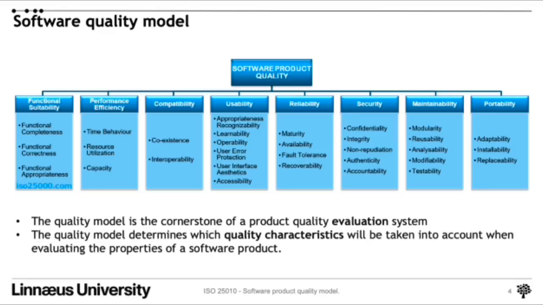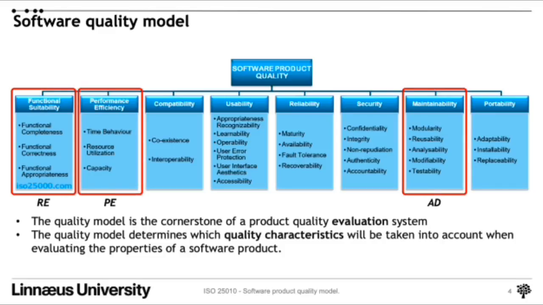So this quality model describes many different qualities that we should be able to fulfill with our software. We will not discuss all of them, only a few. In particular, we're going to discuss functional suitability, which means functional completeness, correctness, and appropriateness, something that you already discussed in the requirements engineering module.